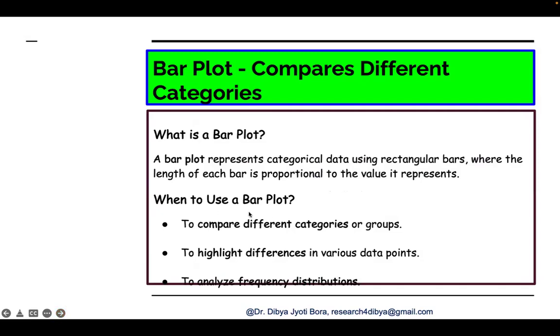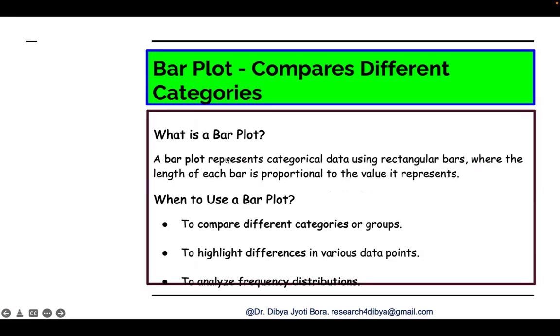So next is bar plot. Line plot we have discussed. Now bar plot. Bar plot is used for comparing different categories. This represents categorical data using rectangular bars where the length of each bar is proportional to the value it represents. तो ये बार प्लॉट क्या कर रहे हैं आपका?